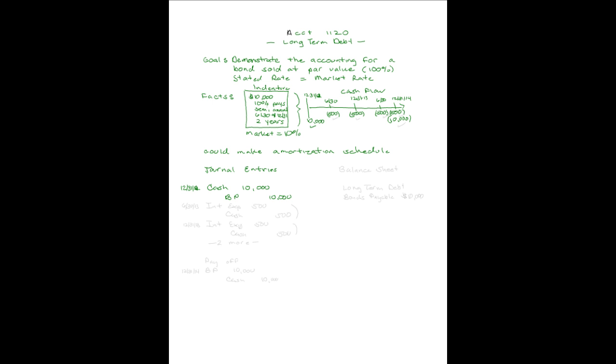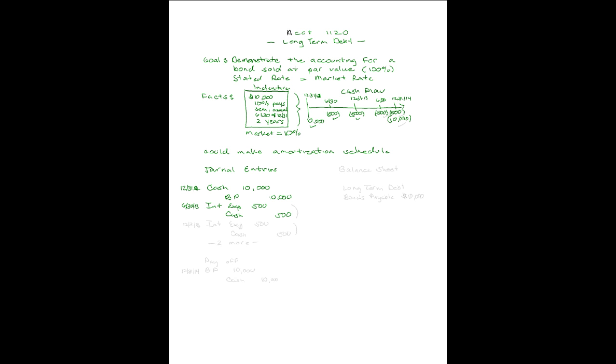Let's make our first interest payment. On 6/30/2013, we record interest expense in the amount of $500, and it equals our cash payment. We didn't sell the bond at a premium or a discount, so we're just forking over the interest payments.